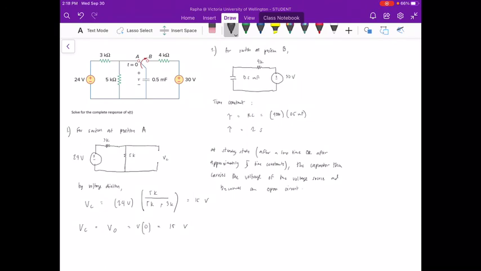So when the switch is at position B, what happens after a long time is that our 0.5 millifarad capacitor will carry the same voltage as the 30 volt source. So that basically means that our Vs, or our steady state voltage, is equal to 30 volts.